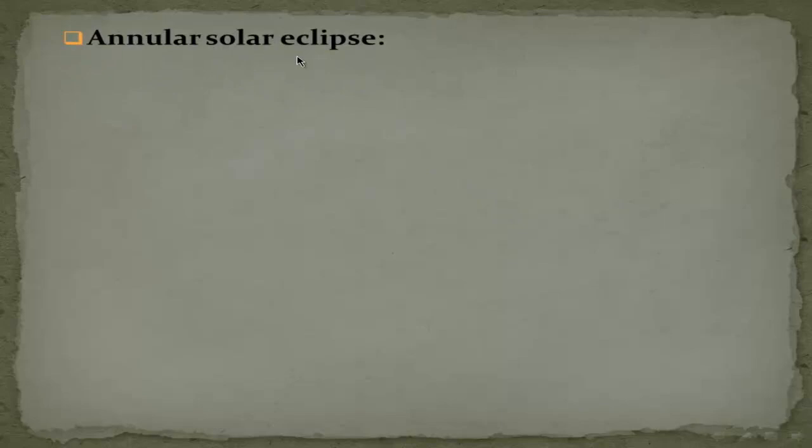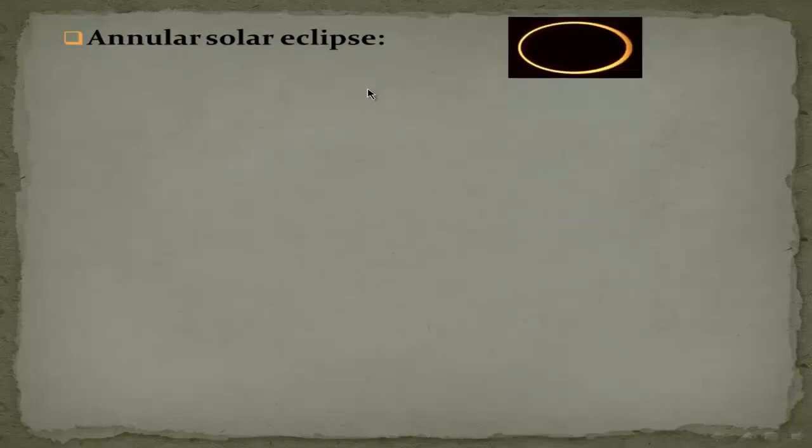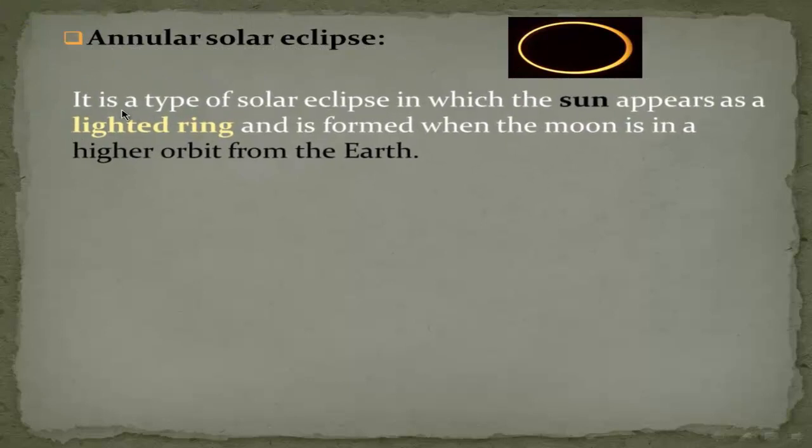The third type of solar eclipse is called annular solar eclipse. We can see the sun in this type as a lighted ring. It's a type of solar eclipse in which the sun appears as a lighted ring, and it's formed when the moon, and it's a very important point here, is in a higher orbit from Earth.